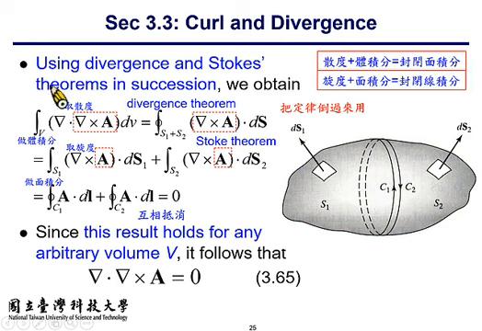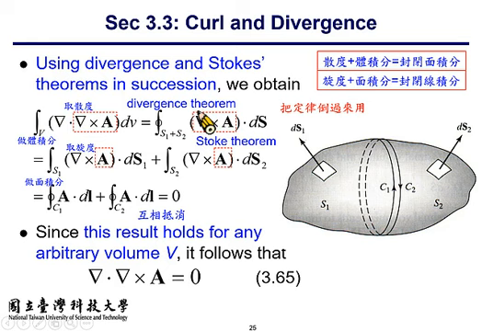So we take the volume integral of this thing, and we apply the divergence theorem, because according to the divergence theorem, the volume integral of the divergence of the vector can be transformed into the closed surface integral of the vector.